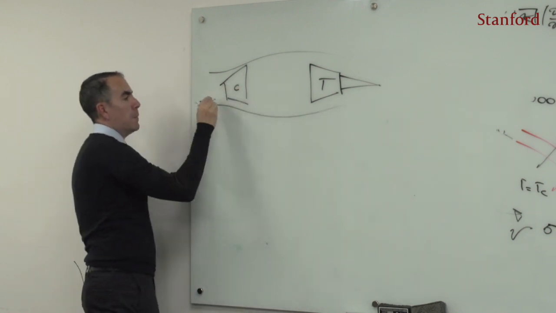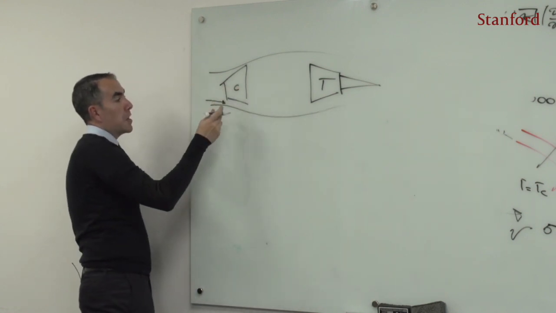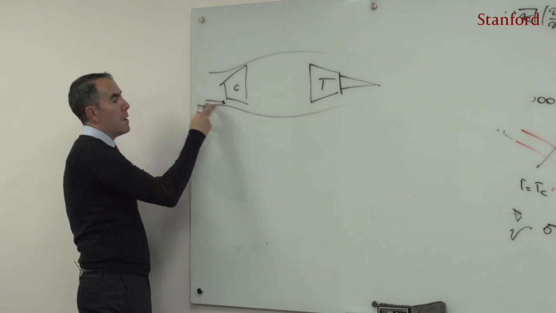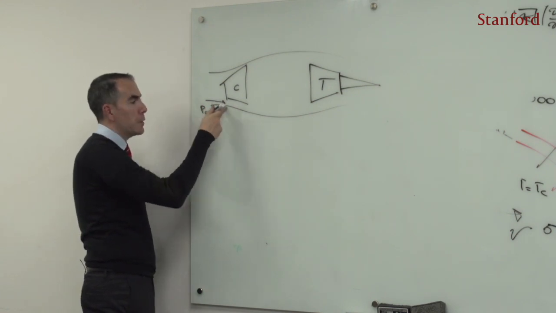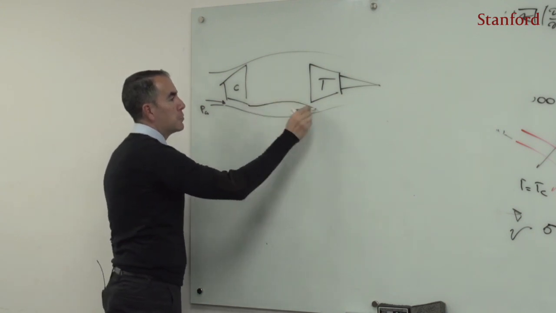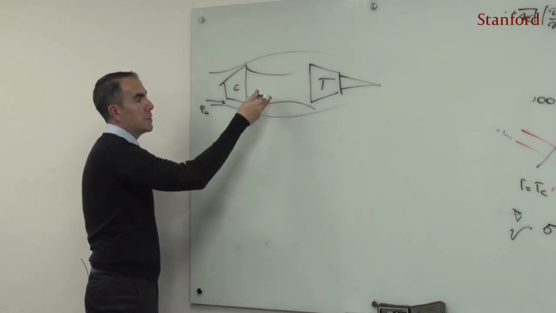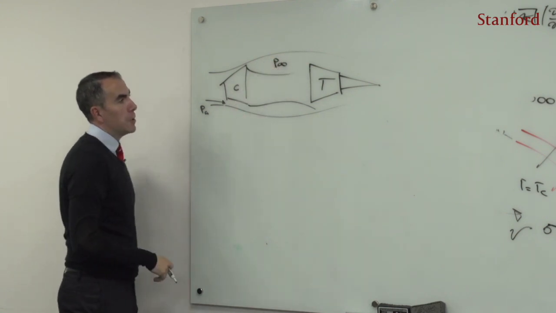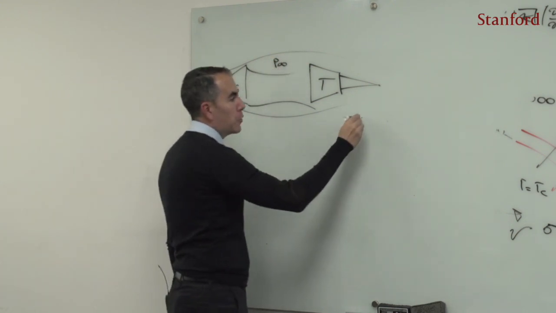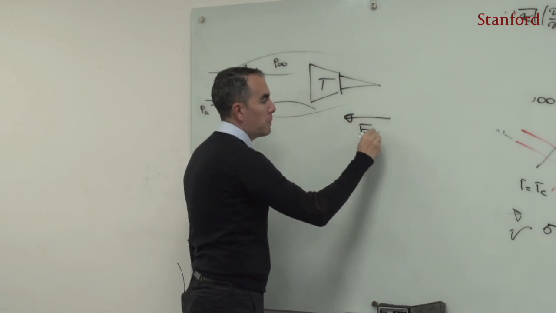I'm ingesting here flow at nearly atmospheric pressure, because the Mach number is small. So the static pressure there is going to be the atmospheric pressure. And here I have the combustor, where I'm generating pressure. So here the pressure P infinity of the combustor is going to be high. In particular, this thrust force is proportional to the pressure.